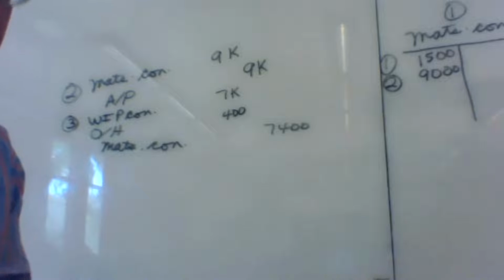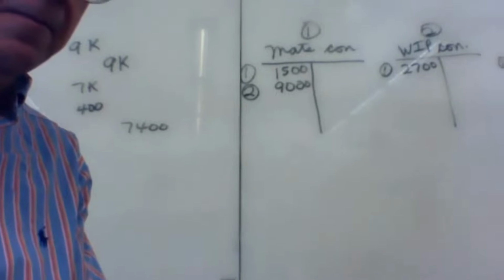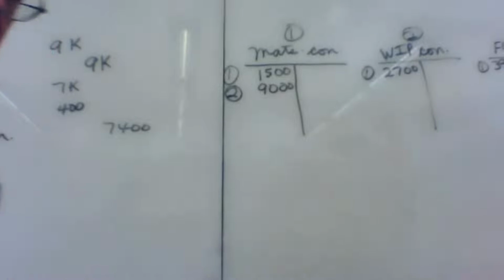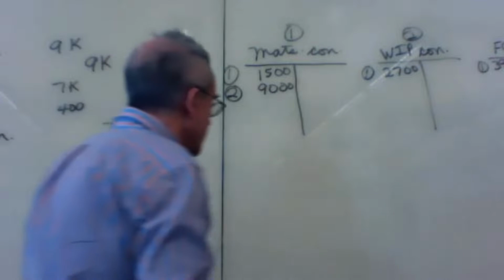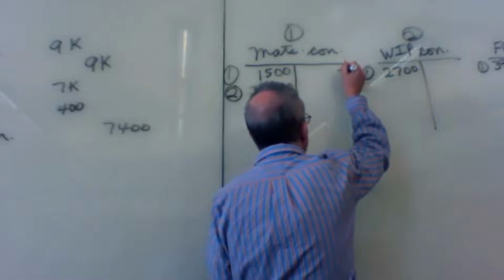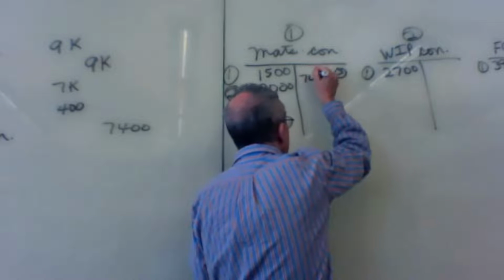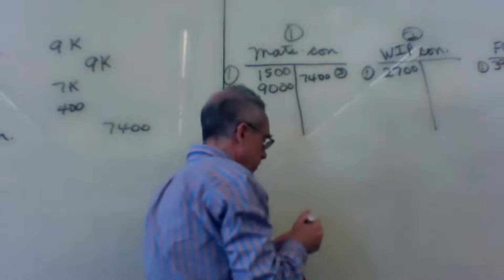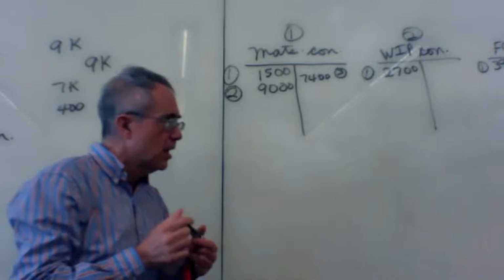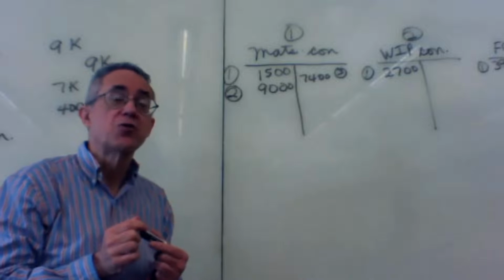Then let's go ahead and post that. There in journal entry 3, I'm going to be crediting materials control for 7,400. So I just reduced it.